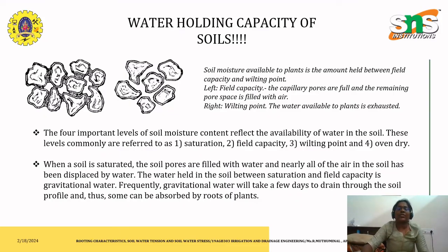So we have to note down that there are four different levels, and they are really important for us to remember: saturation, field capacity, wilting point, and overdrive.